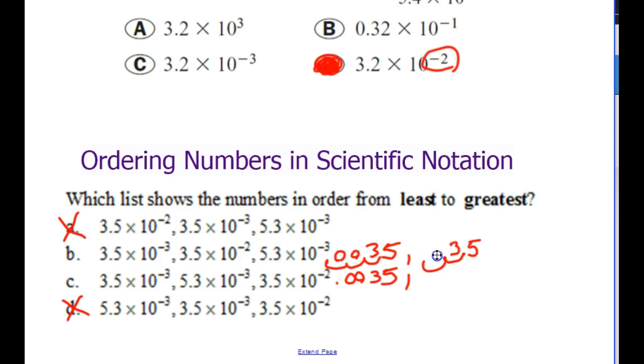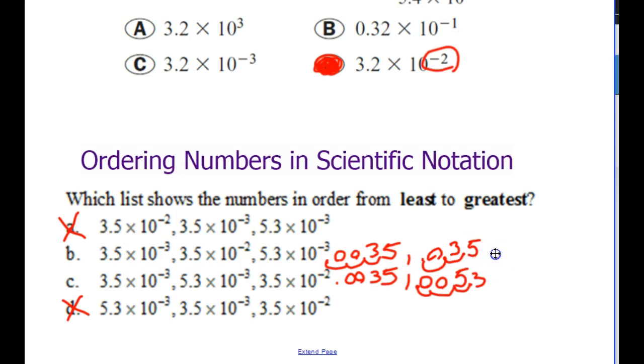Go over 1, 2. So we get 0.035. This one we have 5.3 times 10 to the negative 3. So 1, 2, 3. Okay, so both of these are greater than 0.0035.